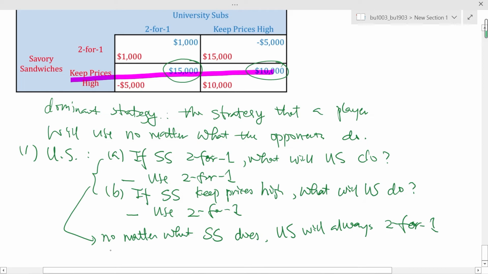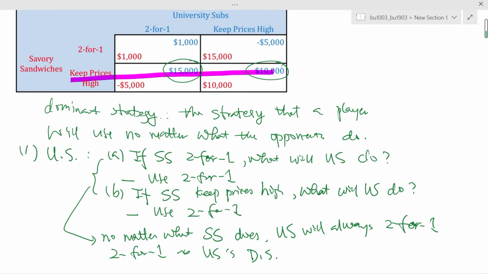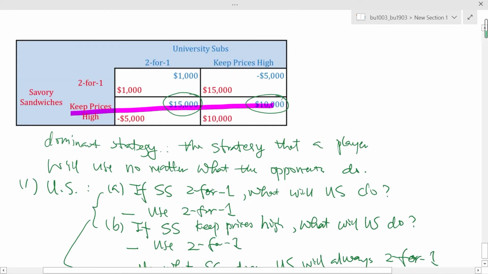So indeed, two for one is University Subs' dominant strategy. Okay, so we have checked whether University Subs has a dominant strategy or not.